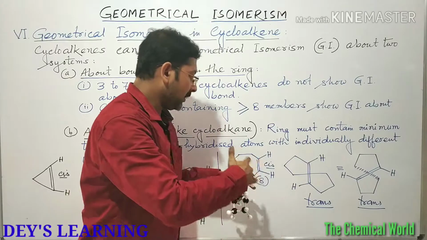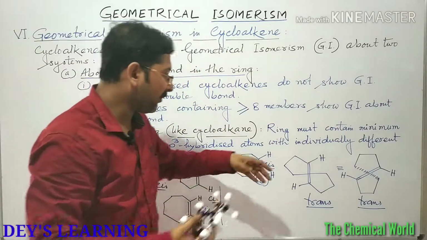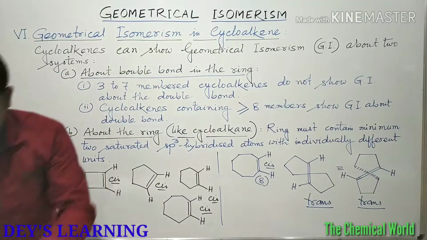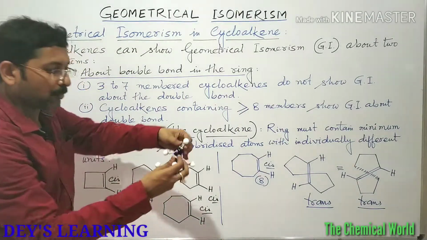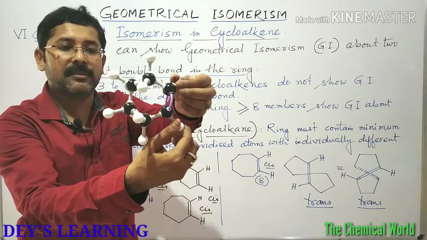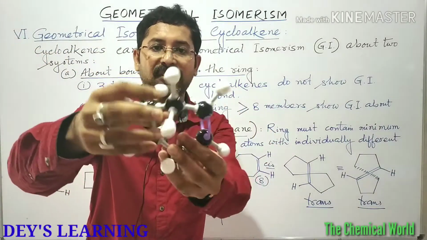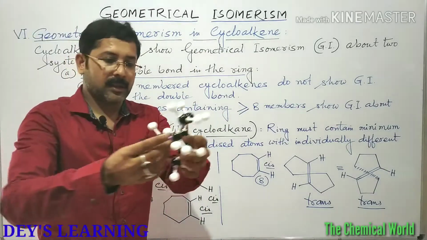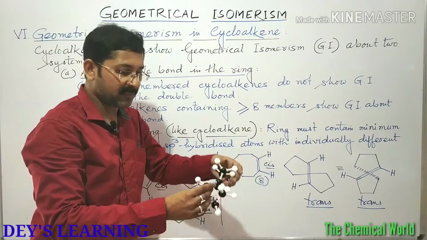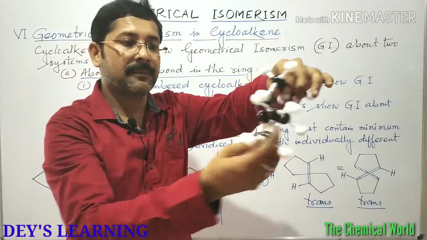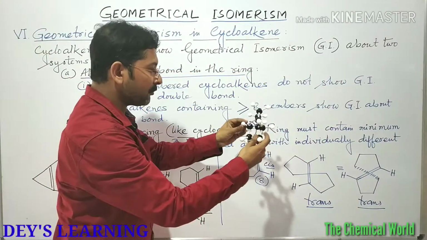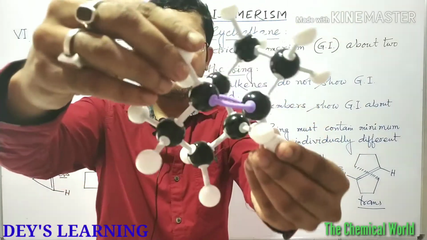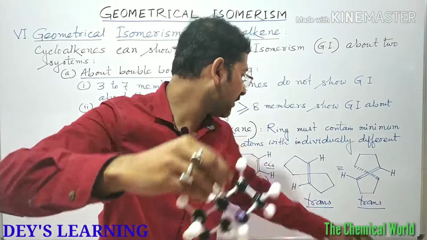What happens actually? If the ring size increases, its flexibility increases. When it was a 6-membered ring, these two hydrogens can't exist in trans configuration because this ring is very fixed. It is not flexible. But when the number of carbons in the ring increases, its flexibility increases. As a result, these two hydrogens can exist in trans configuration also.